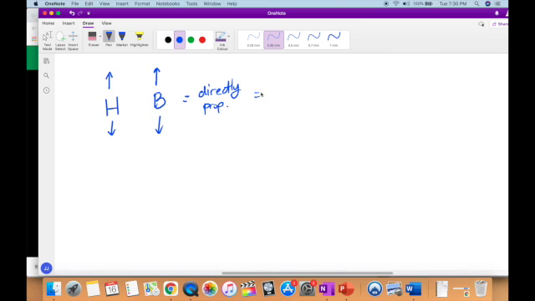Right? And how do we say directly proportional? H is directly proportional to B. Right? However, if you had a situation where, let me see, if we had volume in a cylinder, if anybody knows how an engine works.